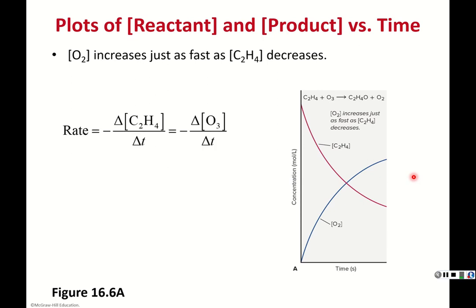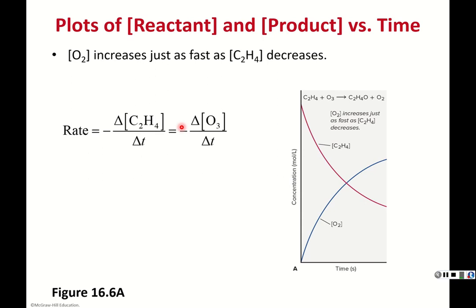So we can write rates here for the change in both. We'd have rate equals negative delta C2H4 over delta T, and that equals delta O3 over delta T. I believe that negative there is an error in the slides.